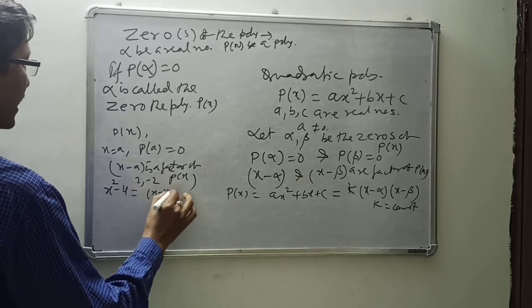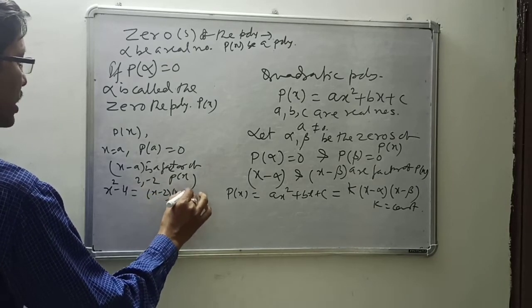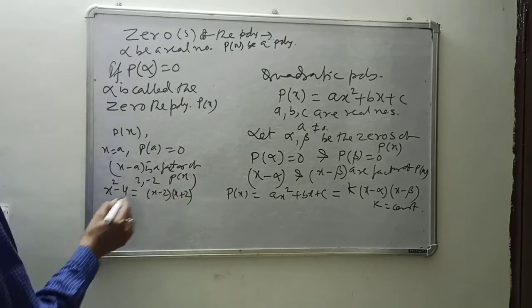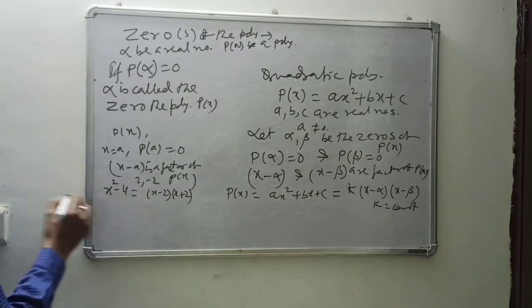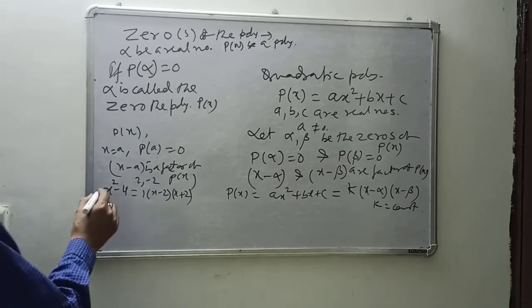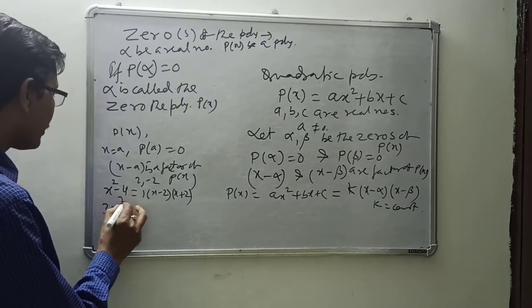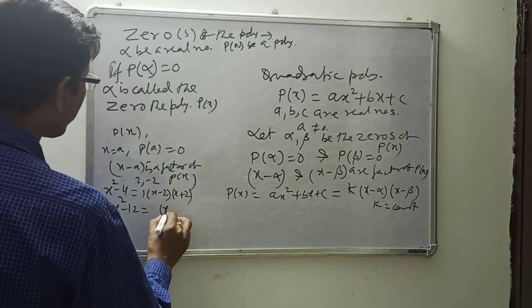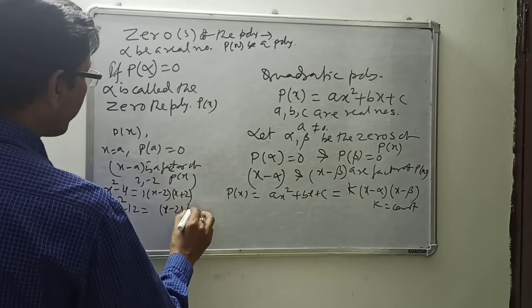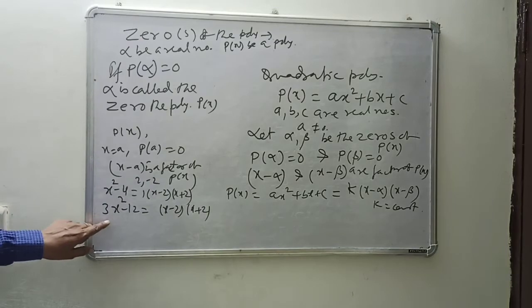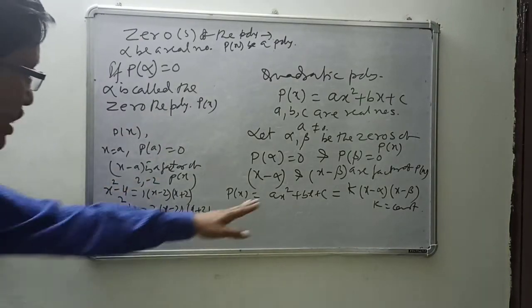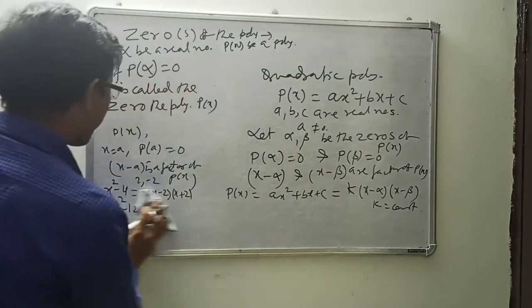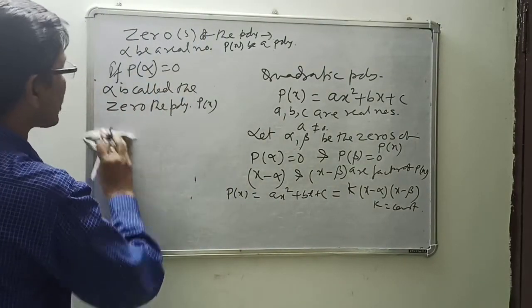Its factors are x minus 2 and x plus 2, and if you multiply, this comes out, with k equal to 1. But if you have the polynomial 3x square minus 12, the zeros are also 2 and minus 2, but then you have to multiply by 3. So not only the product of the factors, you have to multiply by the constant.